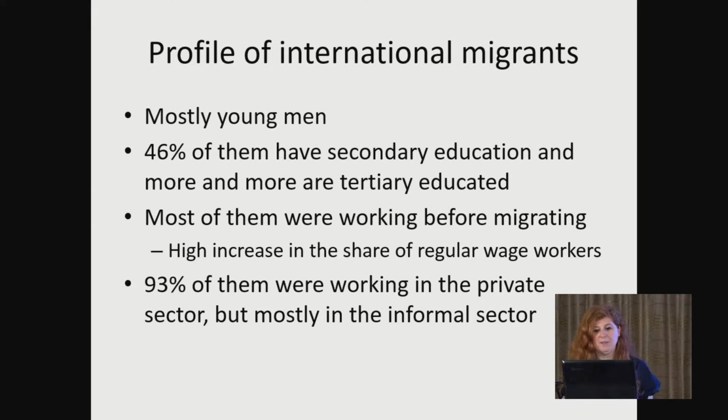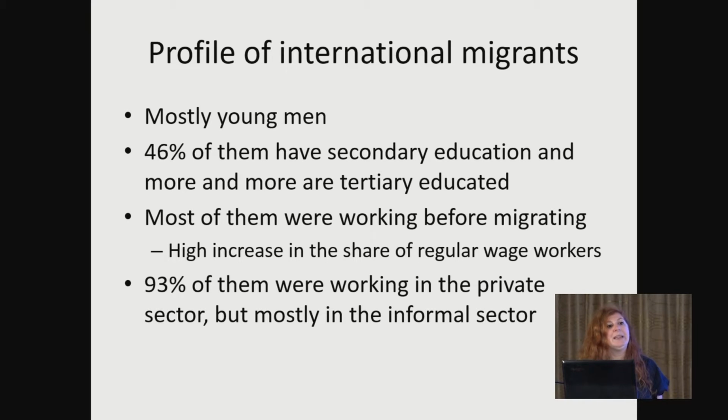Now, the typical profile of international migrants, again, is mostly young men. Almost half of them have secondary education, and what we also see is that more and more tertiary educated individuals tend to migrate compared to before. Interestingly, most of them were working before migrating.